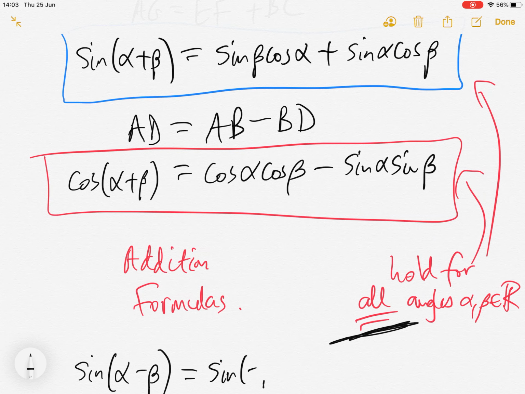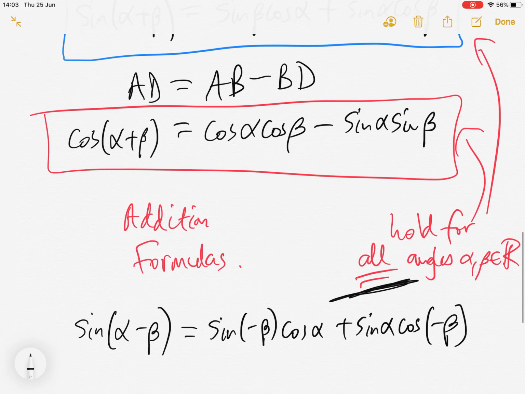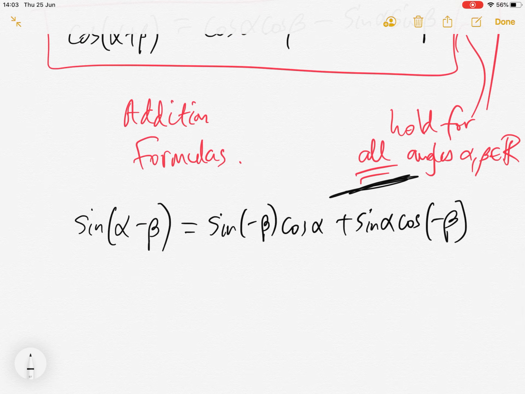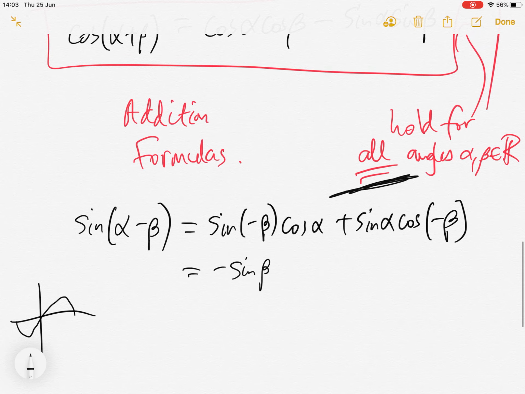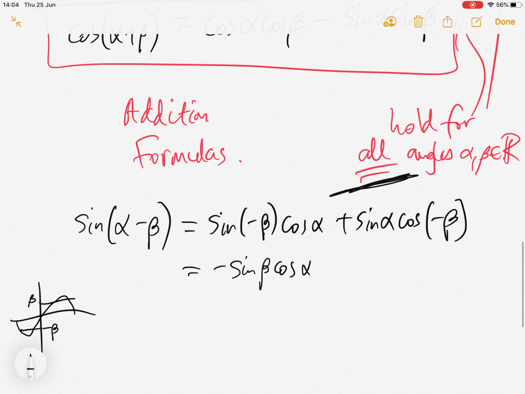So we get sine of minus beta cos alpha plus sine of alpha cos of minus beta. And then if you think about the sine graph, you'll know that sine of minus beta is minus sine beta. If beta is up here, then minus beta is down here, and we see that this is true.